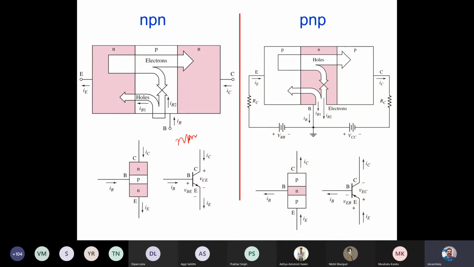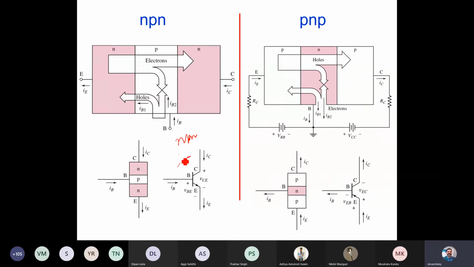In the case of NPN, to make it work for amplifier purposes, the base to emitter junction has to be forward biased and the base to collector junction has to be reverse biased. So it means we need to connect the positive terminal accordingly.